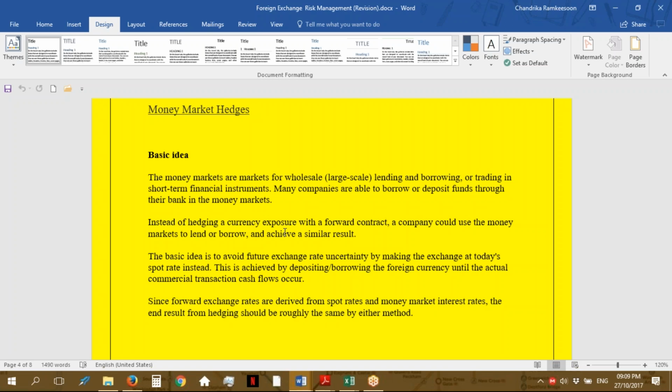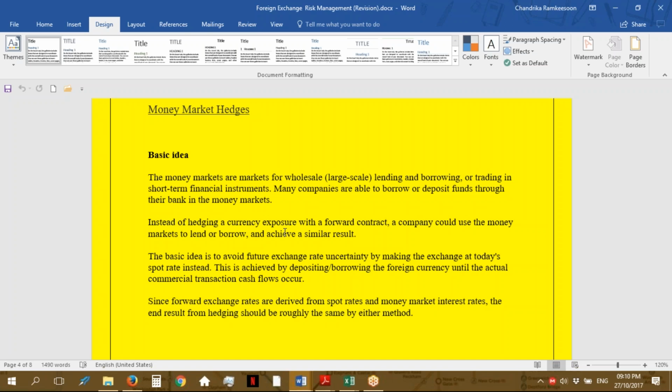Since forward exchange rates are derived from spot rates, and money market interest rates, the end result from hedging should be roughly the same by either method. Remember when I showed you the discounts, premiums and so forth, everything is based on the spot rate. Usually in the exam it will not be the same, that's the use of the term 'should'.